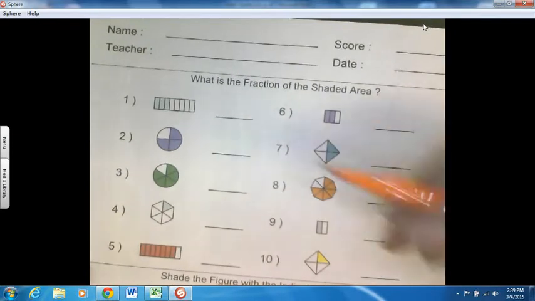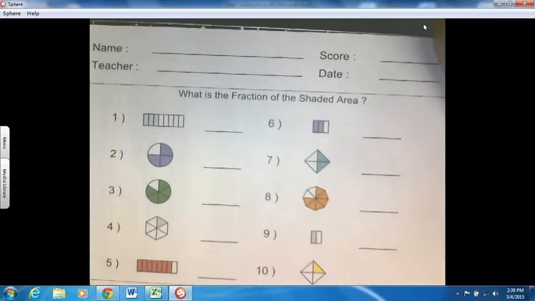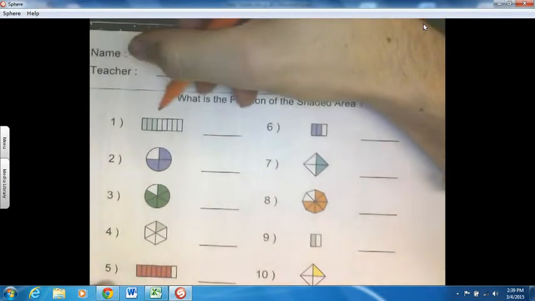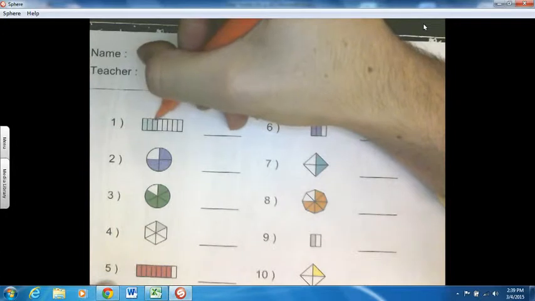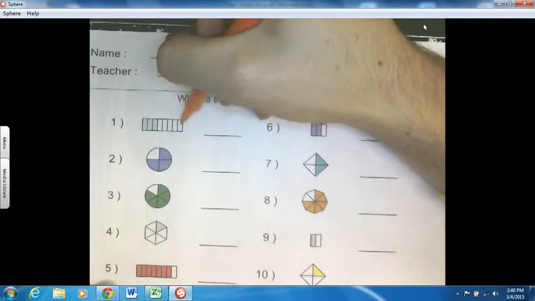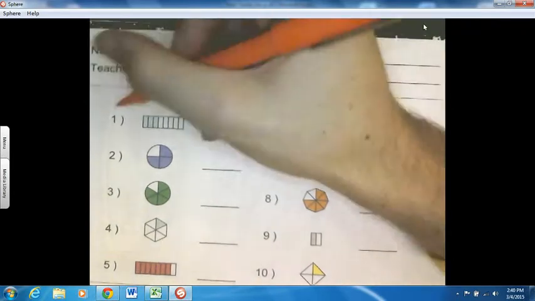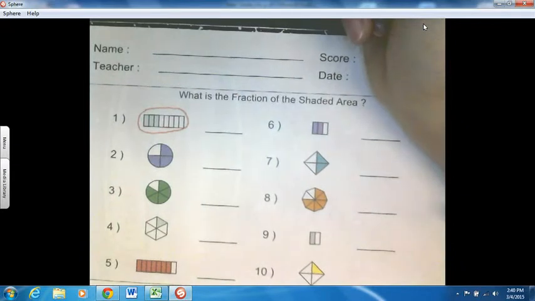So this first section says, what is the fraction of the shaded area? These are a little bit tricky because when you start out, you need to figure out the name first, right? So I know that there are 1, 2, 3, 4, 5, 6, 7, 8 equal pieces, and you'll notice that I counted all of the pieces in the whole, because this entire rectangle is my whole, and to determine the name of the pieces inside, you need to know how many pieces there are in the entire whole.